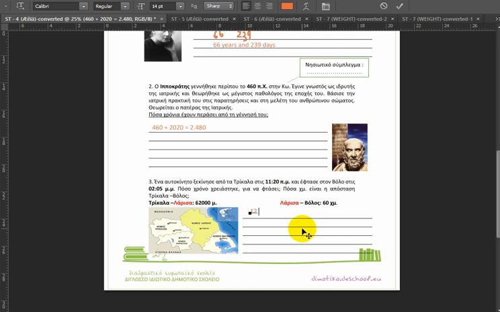So you could do 12 hours, 0 minutes minus 11 hours, 20 minutes. You could do it like that. Or if you use the clock long enough, you know that this is just 40 minutes.